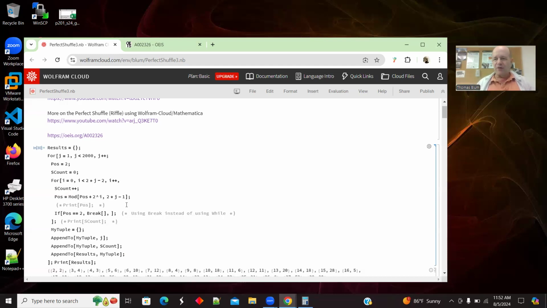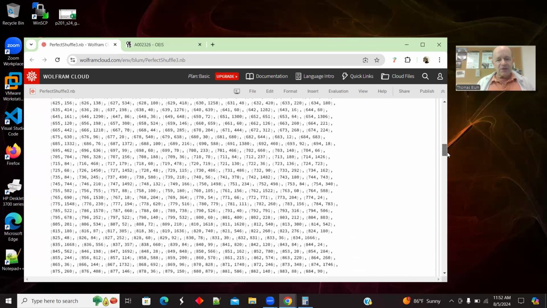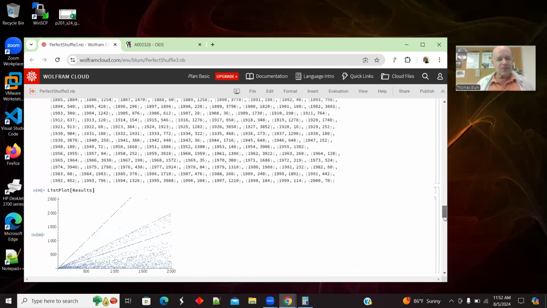I followed the 2 around until it got back in its same position, and that used a lot less memory, so it was easier to generate the results. With just what Wolfram Cloud provides for free, I can easily go up to at least 2,000 or more. And here they are.